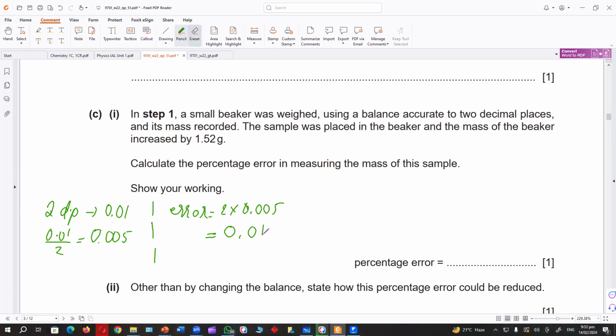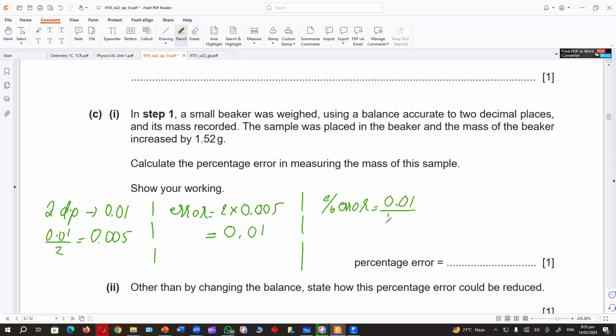So you should remember this concept of maths, how you tackle an uncertainty in any data. 0.01. Now you have to see the percentage error. Error is 0.01.